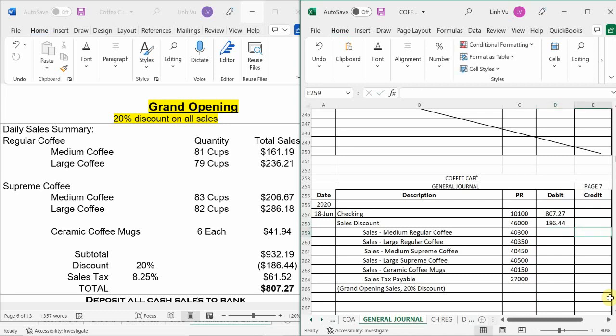What was my medium regular coffees? 161.19.